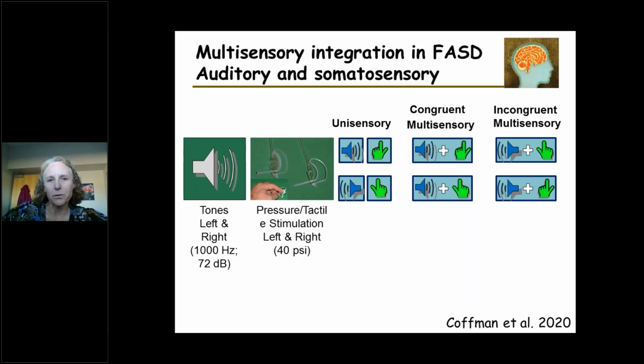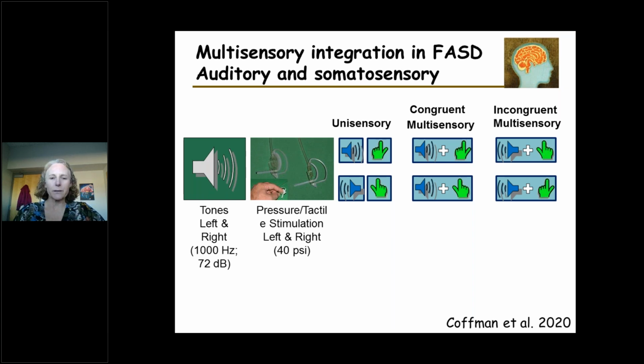The reason that we were looking at multisensory integration is because there's been quite a history of publication in the field of FASD that looks at just connectivity in the brain, using MRI instead of MEG to look at white matter tracts and determine if there are differences in white matter tracts in kids with FASD.